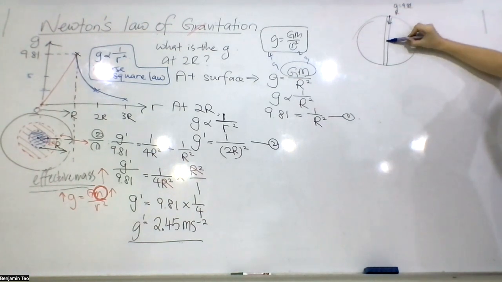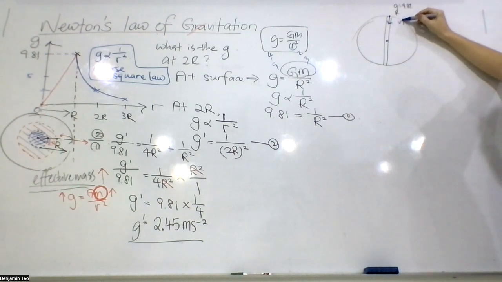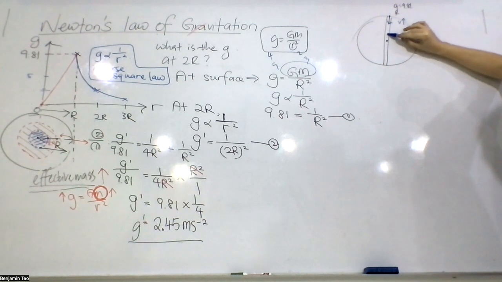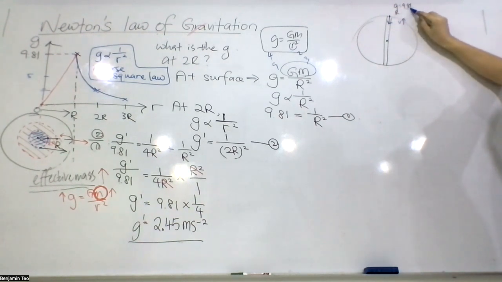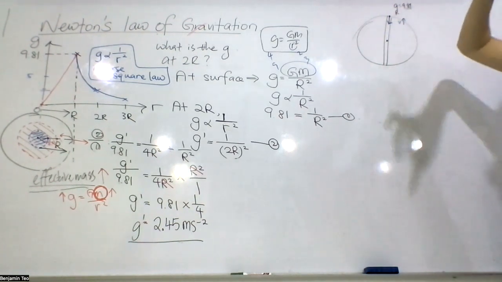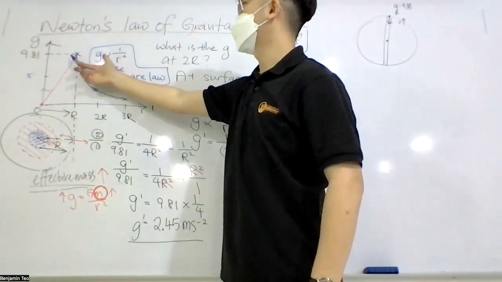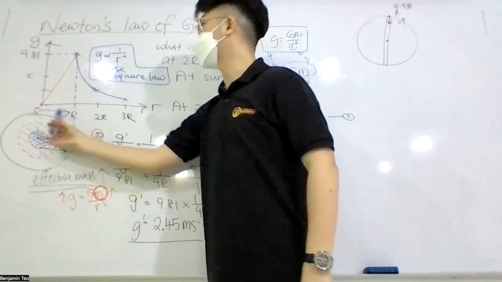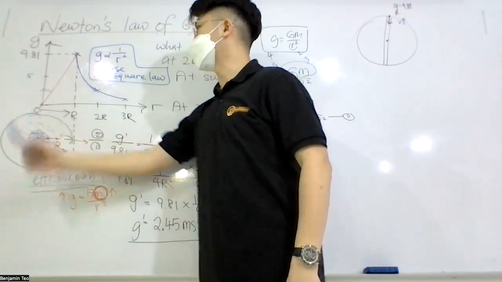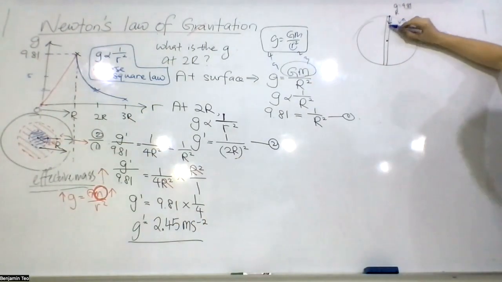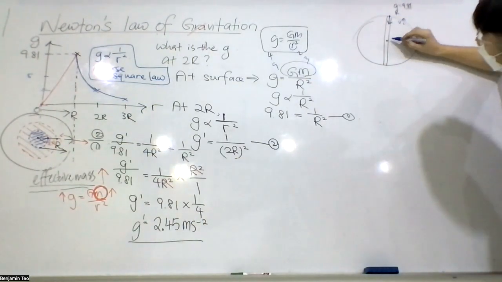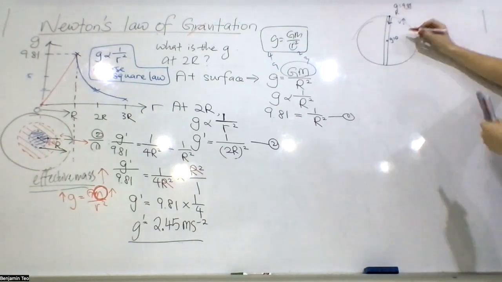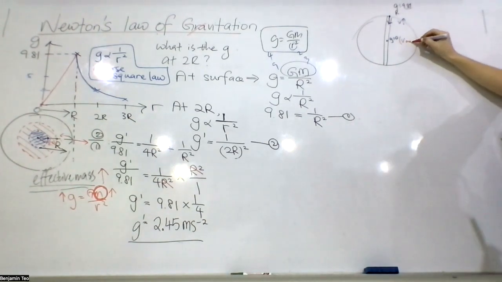As you fall, your velocity will increase because you have acceleration. As you fall, the acceleration 9.81 decreases: 8, 7, 6, 5, 4, 3, 2, 1, 0. At the center of the earth, your acceleration is 0. That means you have reached the maximum speed at the center of the earth.